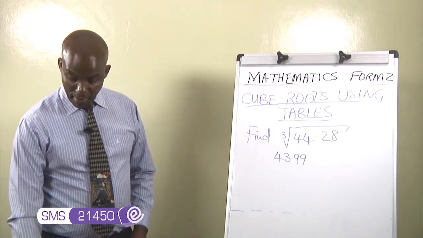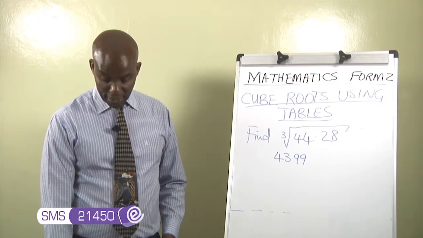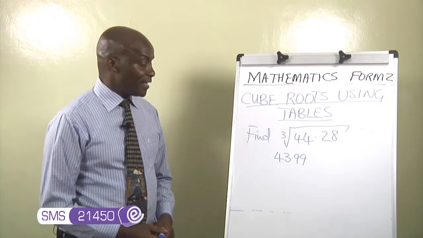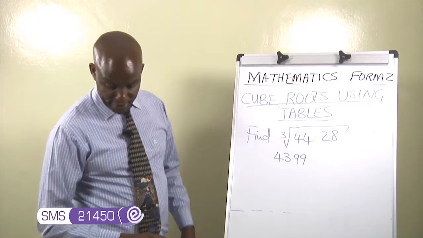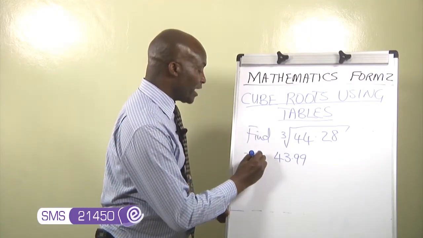And by inspection, if you inspect that correctly, you will find that this number is the cube of 3.53.